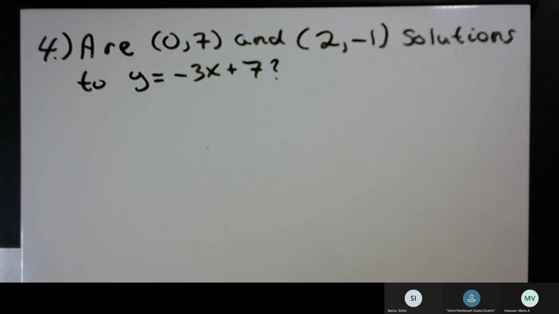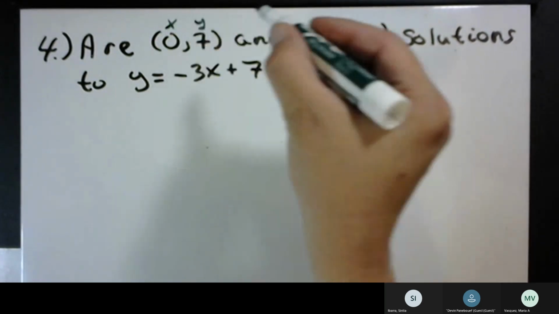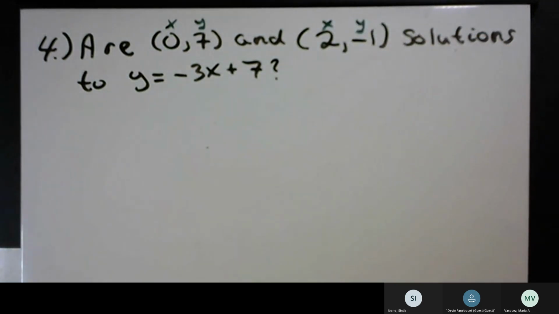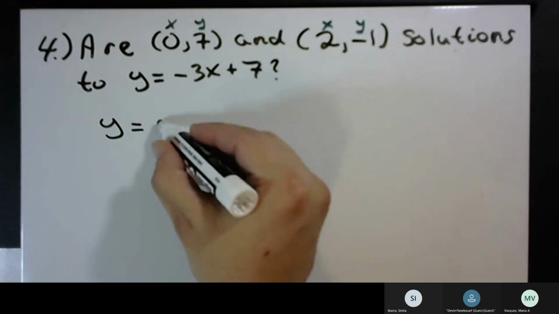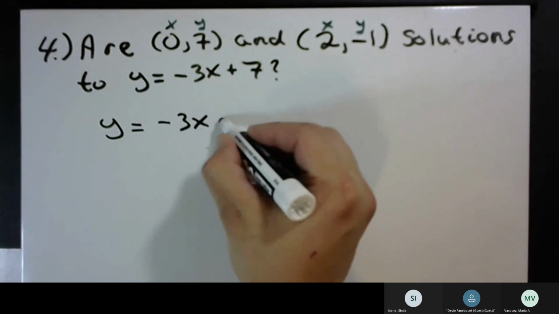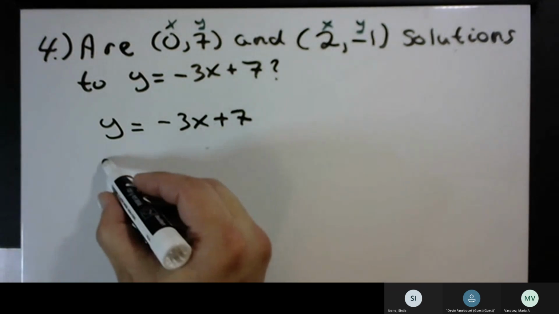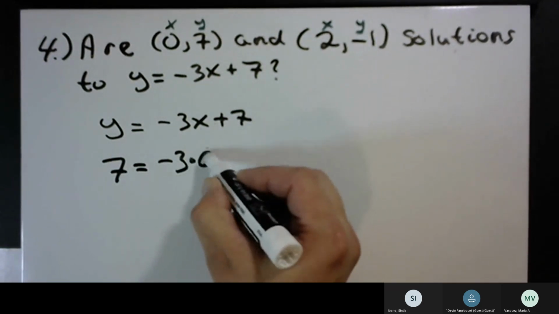So again, we want to identify our x-coordinate, y-coordinate, x-coordinate, y-coordinate. So let's test this point. Let's see if it's a solution. So we start out with our line. And we replace y with the y number and x with the x number.